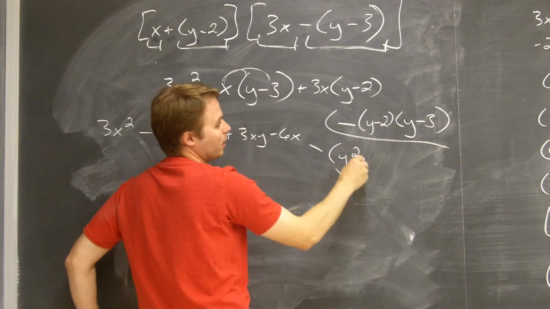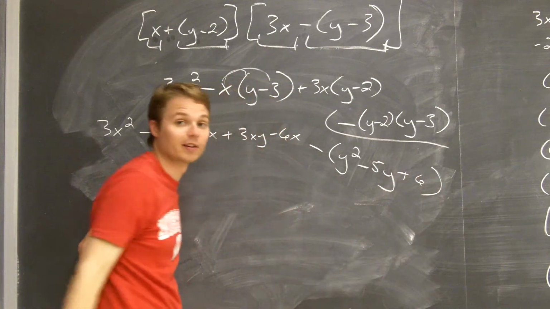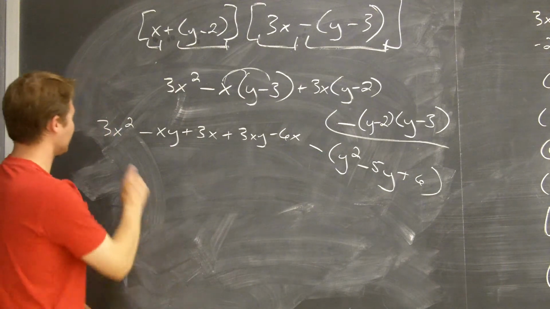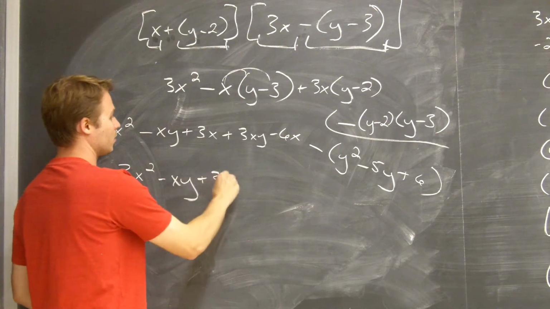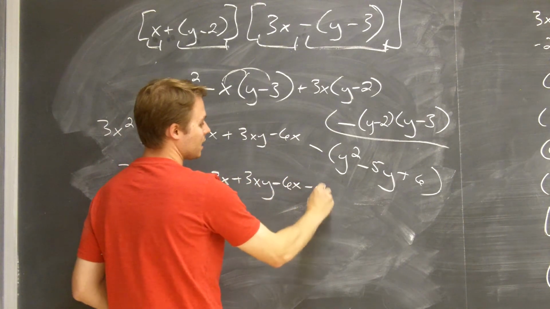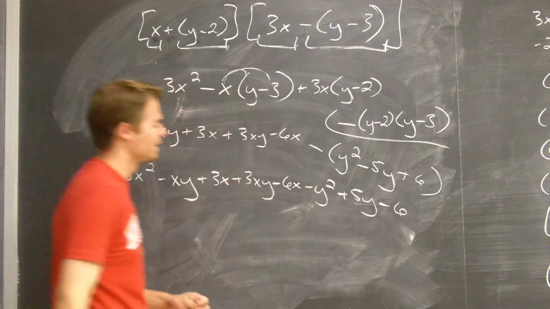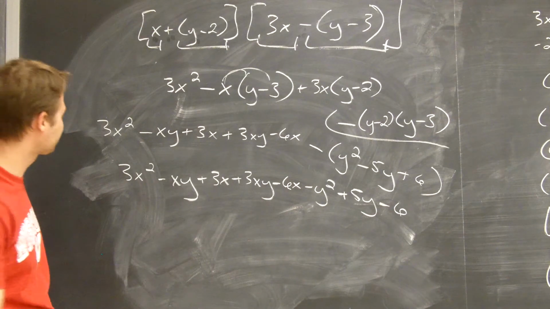So y squared minus 5y plus 6 is what I'll get if I FOIL all of that together. And now I just need to simplify again. So 3x squared minus xy plus 3x plus 3xy minus 6x, and then minus y squared plus 5y, and then minus 6.